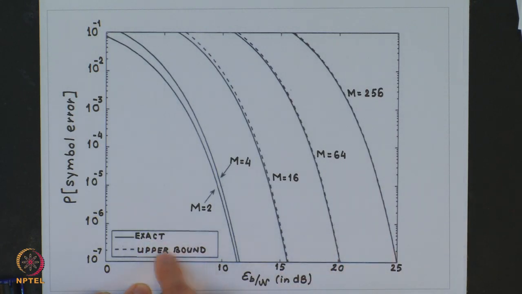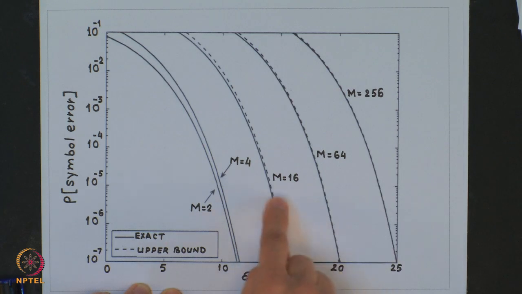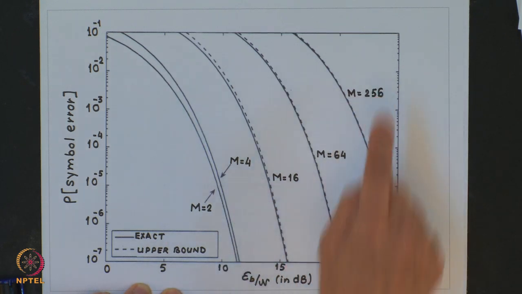So, the exact and upper bound merge for high SNR values. This is true for M equal to 16, M equal to 64 and M equal to 256.